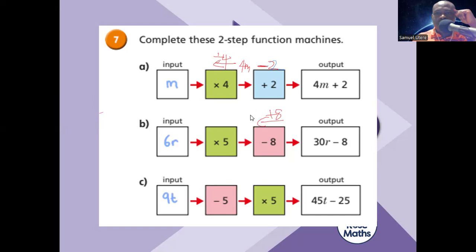So we now have 30r here. 30r divided by 5, because the inverse of multiplying by 5 is to divide by 5, will give you 6r. Here is the same thing. We use the inverse operation to get our results.